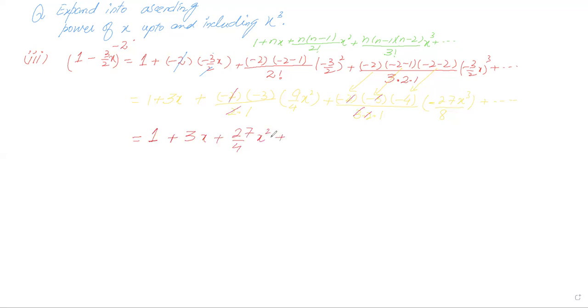Then what should be the number over here? Then we have 3 cancel, this 2 cancel. I have this one minus 4 and minus 27. When I multiply by 4, 7 4s are 28, 4 2s are 8 plus 2 is 10. Over, there is a single number 8 and x cube plus so on. That's the expansion of this one.